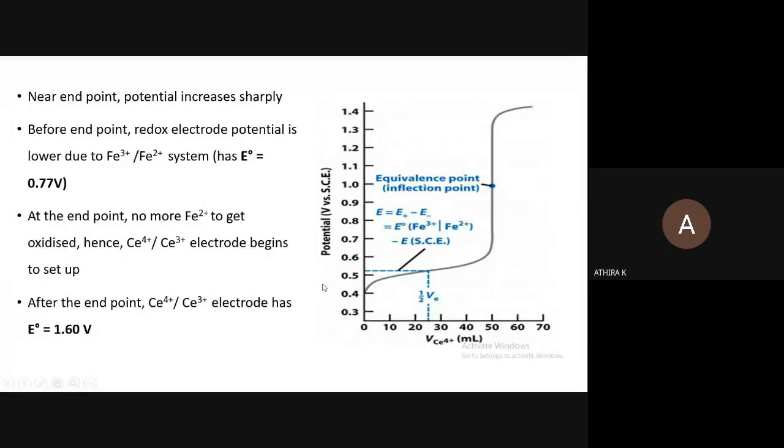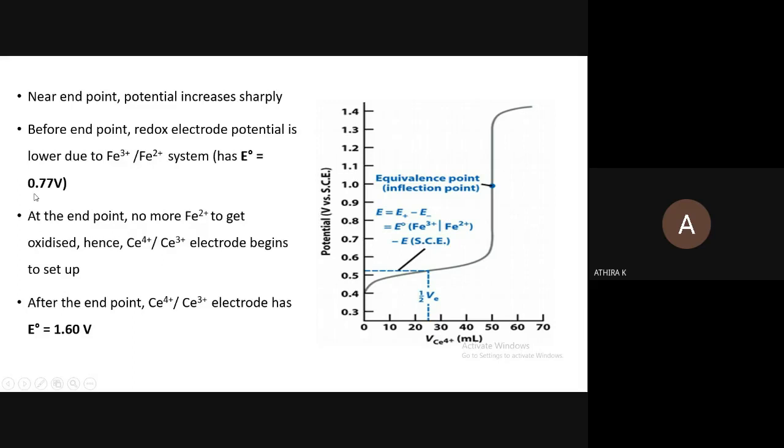So there will be another electrode, Ce4 plus bar Ce3 plus. At the endpoint, the electrode changes from Fe3 plus bar Fe2 plus to Ce4 plus bar Ce3 plus, and its electrode potential is 1.60 volt.